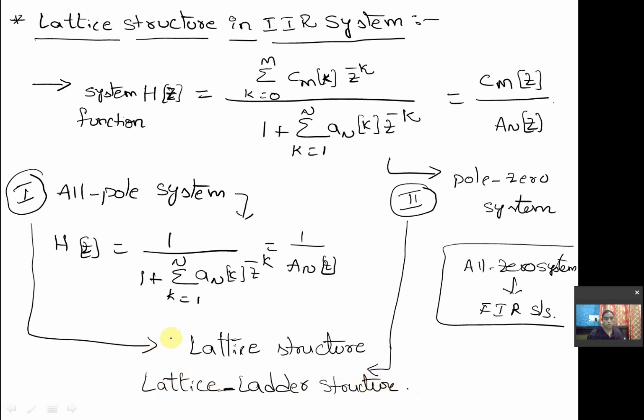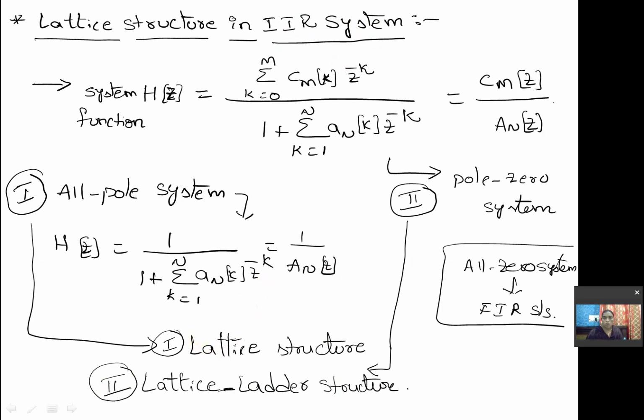So we have two realization structures here. The first one is the lattice structure suitable for the all pole system, and the second one is the lattice ladder structure suitable for the pole zero system in the IIR system. These two are the IIR system realization structures.